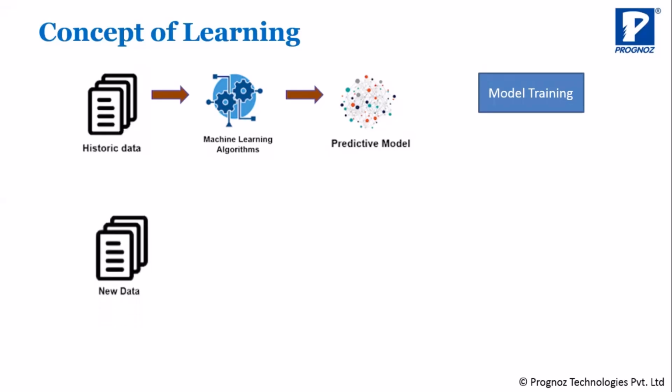Once the model is ready, we need to test the model. So how do we test the model? We give some new data to the model. So this data acts as an input to our predictive model. A simple example can be in our school, our mathematics teacher used to teach us addition. She used to give us a lot of information, say 2 plus 2 is 4, 4 plus 2 is 6, 3 plus 3 is 6.